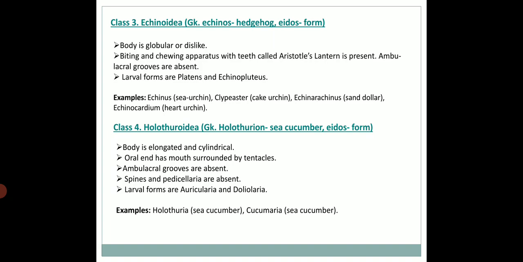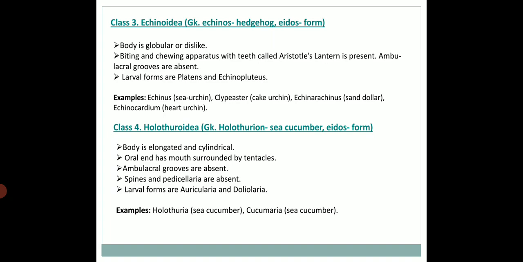The ambulacral grooves are also absent, and the larval form of Echinoidea is Echinopluteus larva. Examples are Echinus, sea urchin, Clypeaster, cake urchin, Echinarachnius, sand dollar, and Echinocardium, the heart urchin. These are some of the examples under the class Echinoidea.